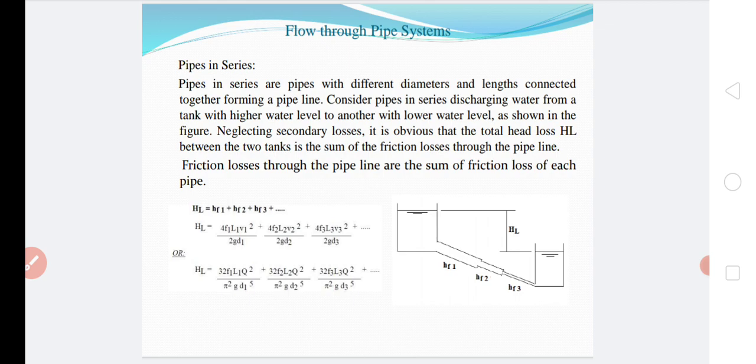That is the Darcy-Weisbach equation. According to the Darcy-Weisbach equation, head loss due to friction in general form is 4fLV square upon 2gD. In pipe number 1, we can write HF1 equals 4f1L1V1 square by 2gD1.